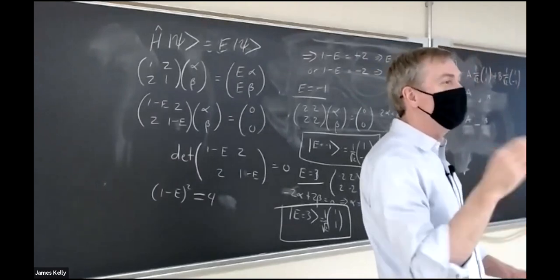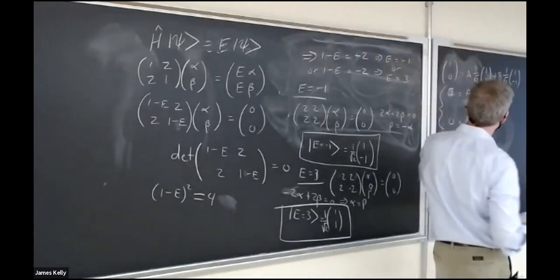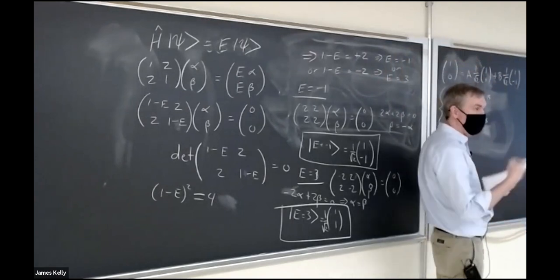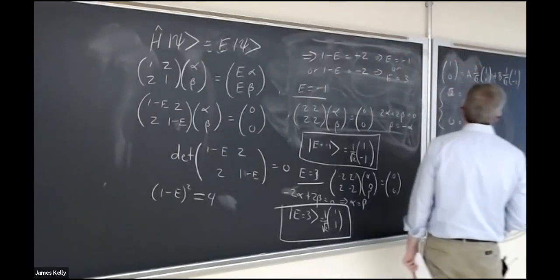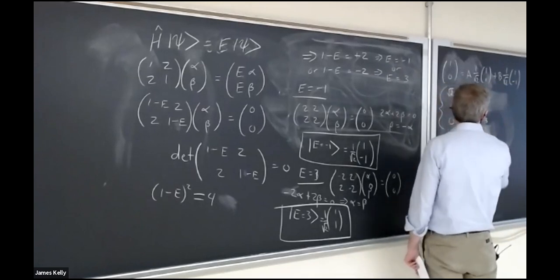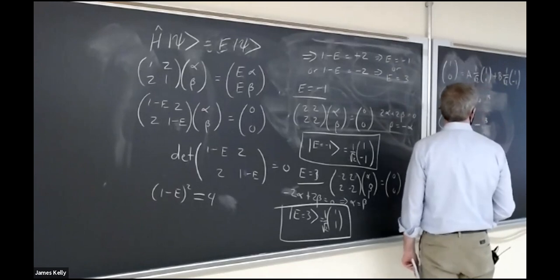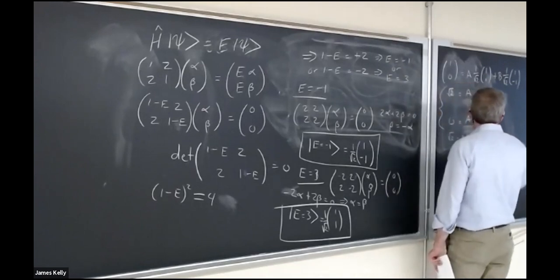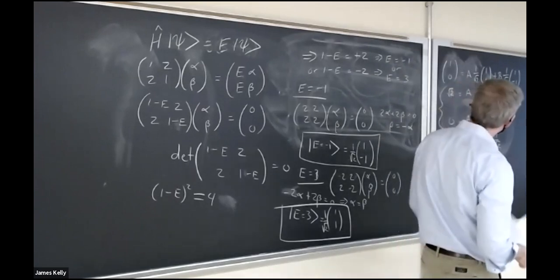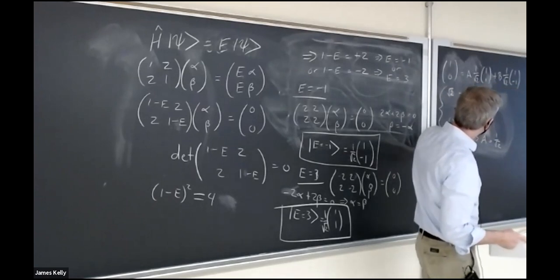Yeah, I add them and then I subtract them because I can see when I add them, the B's are going to go away. When I subtract them, the A's are going to go away, and that immediately gives me the two solutions. So when I add them, I get root 2 equals 2A, and that means that A is equal to 1 over root 2. And when I subtract them, these go away.